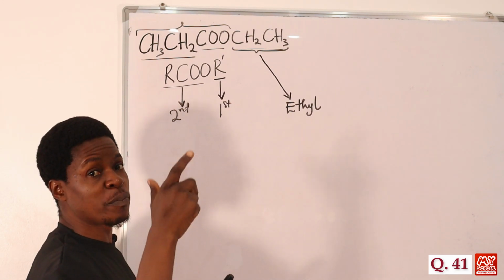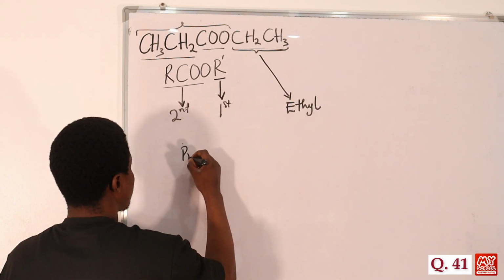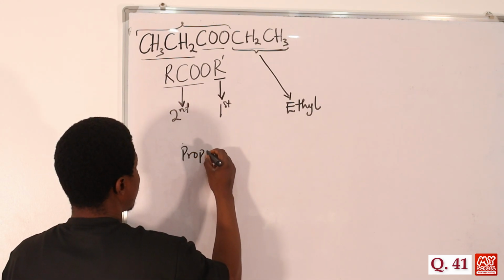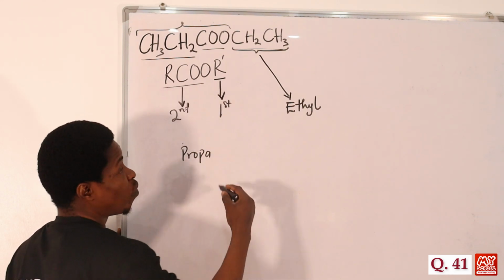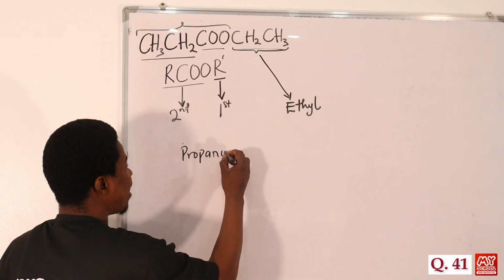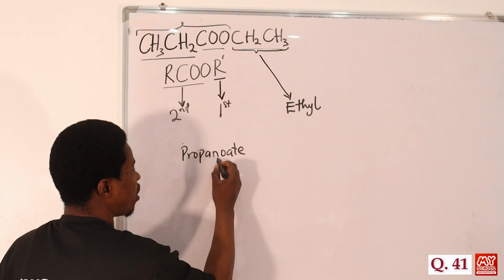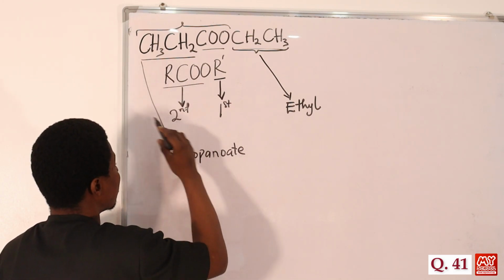So we have propan. But because we have COO here, which shows the presence of an alkanoate, we call that propanoate. It must add this name here, propanoate.